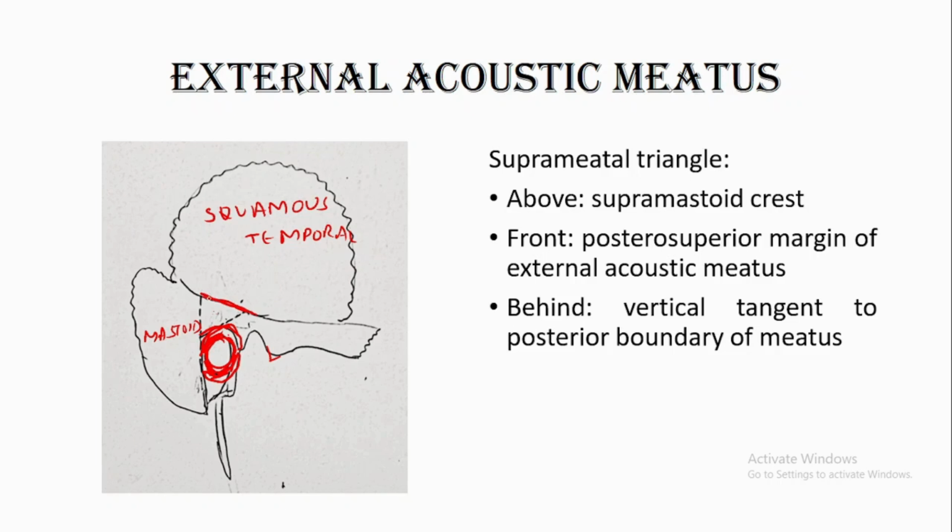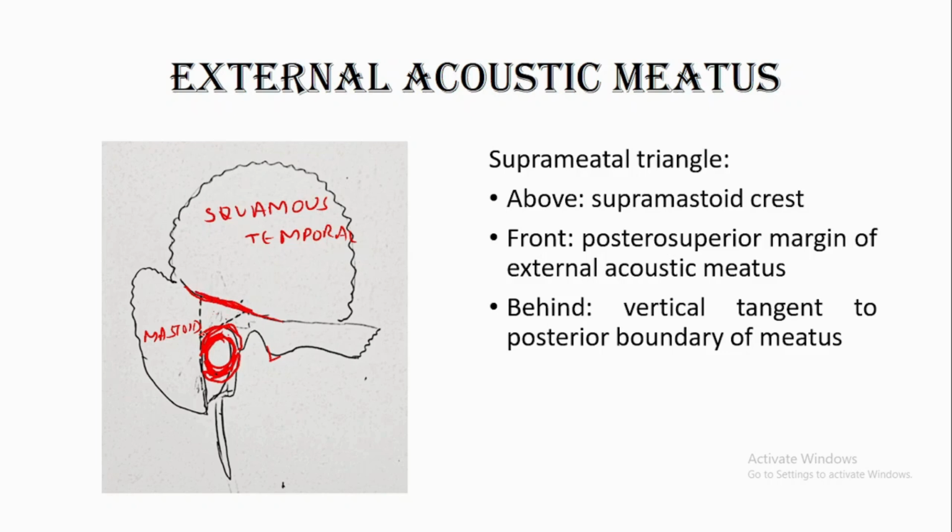Above, it is formed by the supramastoid crest. As we have seen, the posterior root of zygoma gets continuous with the supramastoid crest, a bony elevation which is present posterior to this. So above it is formed by the supramastoid crest.